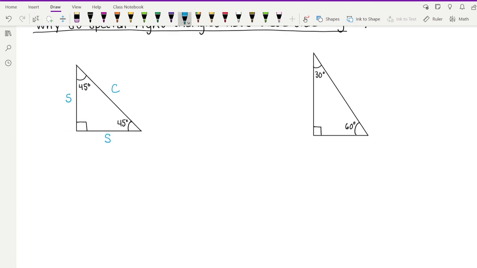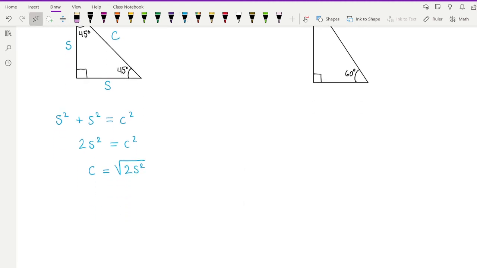Well, let's call it C and use the Pythagorean theorem. So we would get S squared plus S squared is equal to C squared. And so that means that 2 times S squared is equal to C squared. And so if we take the square root of both sides, we're going to get C is equal to the square root of 2 times S squared. And again, we're not having to put plus or minus because we're talking about lengths. We know it's positive.